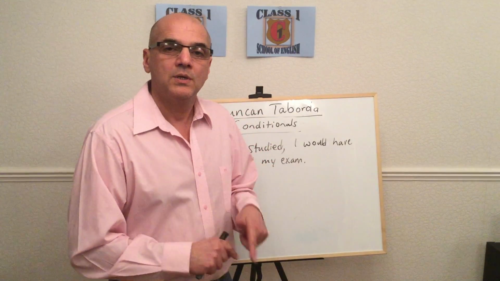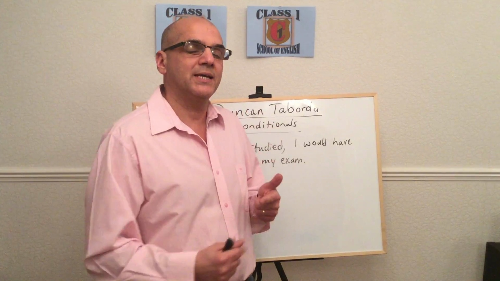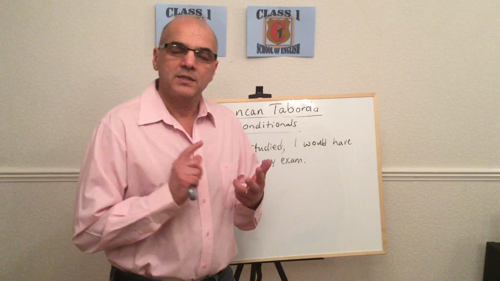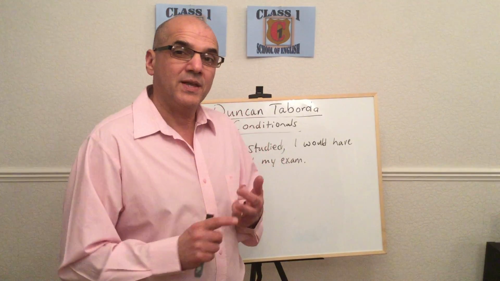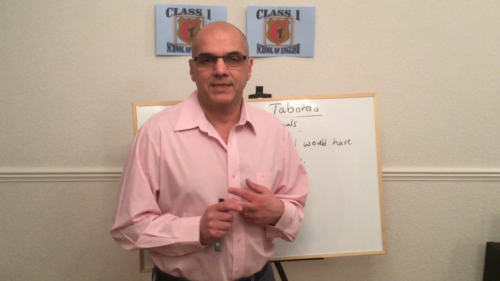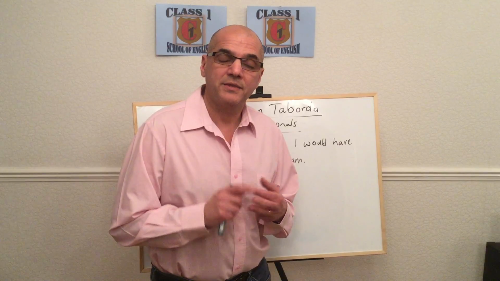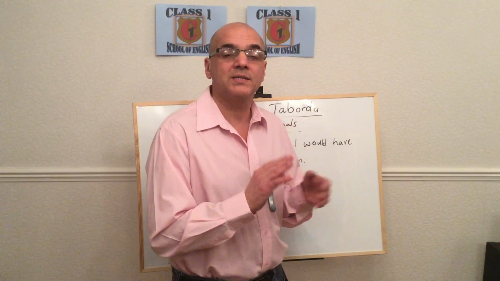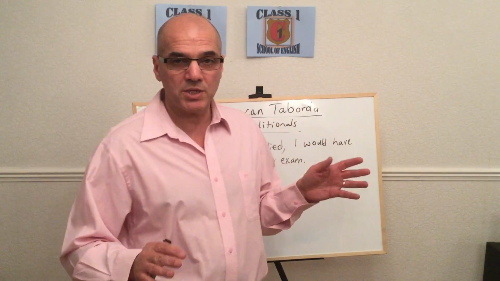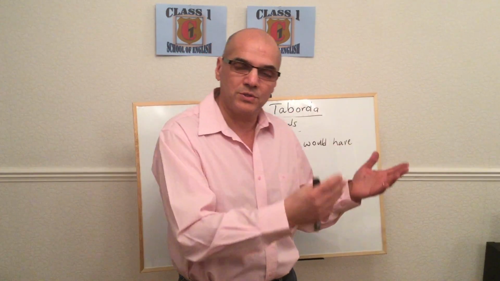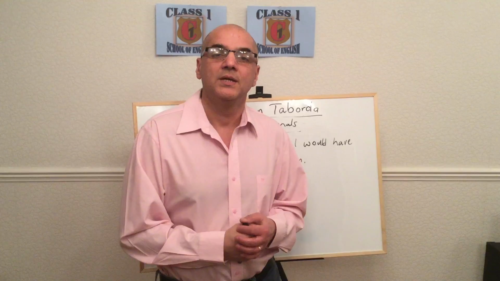First conditional, when it's talking about an event in the future which you think is very likely. The second conditional, an event that you think is very unlikely in the future. Something that you think is very unlikely to happen. And the third conditional, talking about the past, something that's already finished, you cannot change it, but you're talking about how you would change it if you could have done it, yeah?